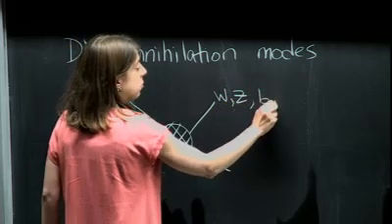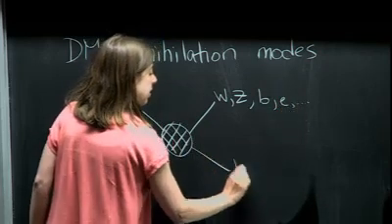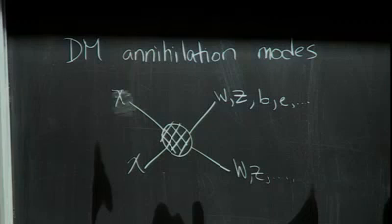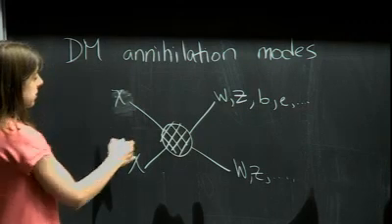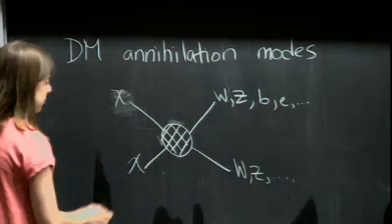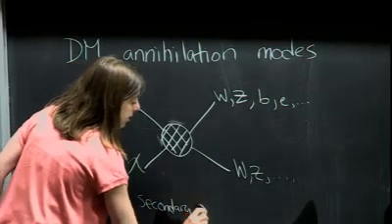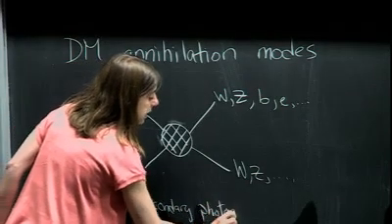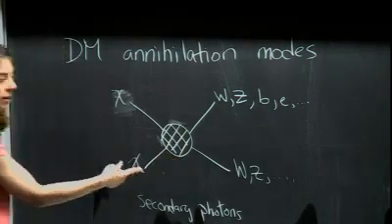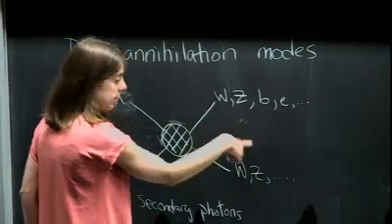We can get quarks, electrons, anything like that. So in this case, the photons that we observe are referred to as secondary photons. And they're secondary because they're not what's immediately produced by dark matter. You end up getting the photons from emission of these guys.